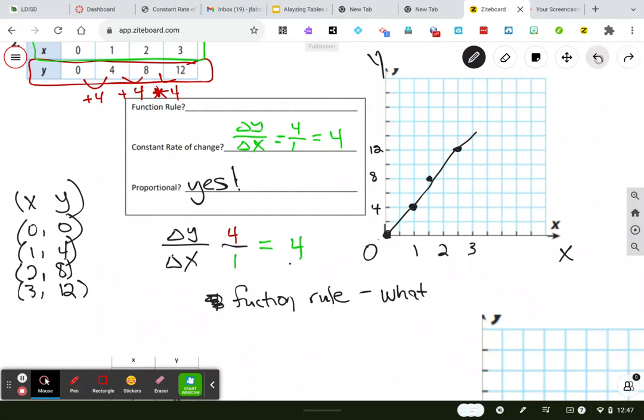Not what to, what operation gets me from x to y.